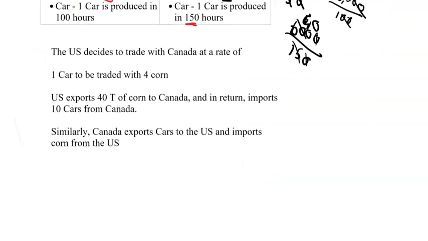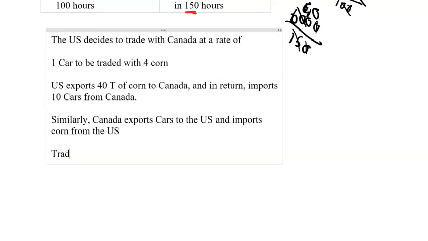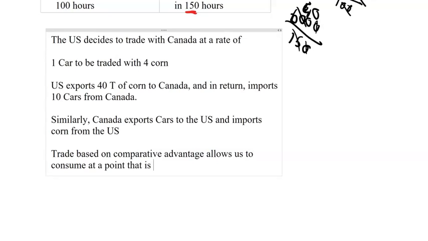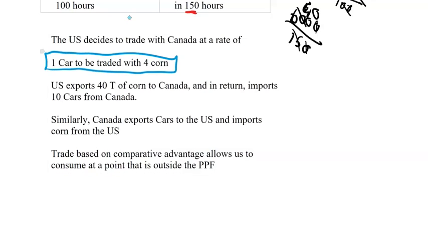So then we can say from here, trade based on comparative advantage allows us to consume at a point that is outside the PPF.